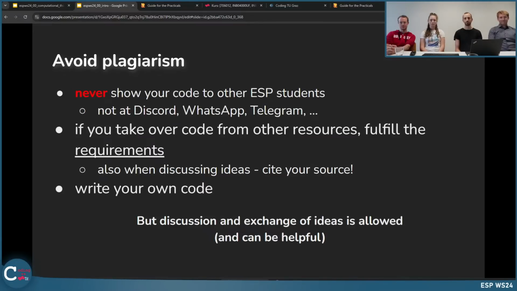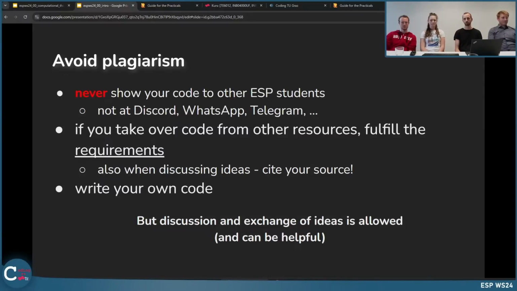So it's okay to discuss. It's also okay, as you say, to discuss ideas with ChatGPT. But you should not just take 100 lines of code from students or from ChatGPT. Sometimes it's okay for us that you have a small section of code which is similar to your colleague's, but you have to show it and mark it with a begin section and an end section.